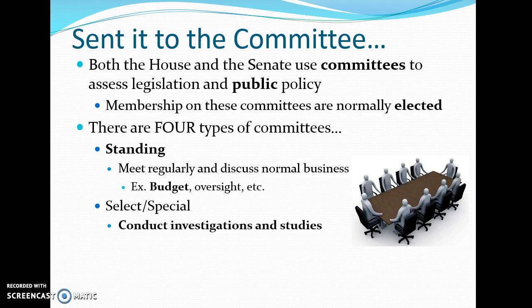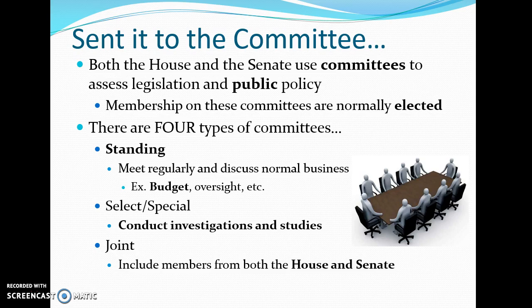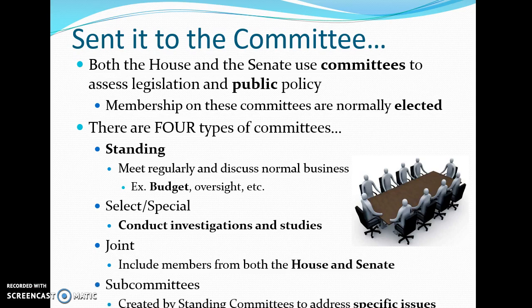Then there are select or special committees. They're put together by Congress to study or investigate a specific thing. And then you have joint committees, which include members from both the House and the Senate. And then you have subcommittees, which are created by standing committees to address specific issues.